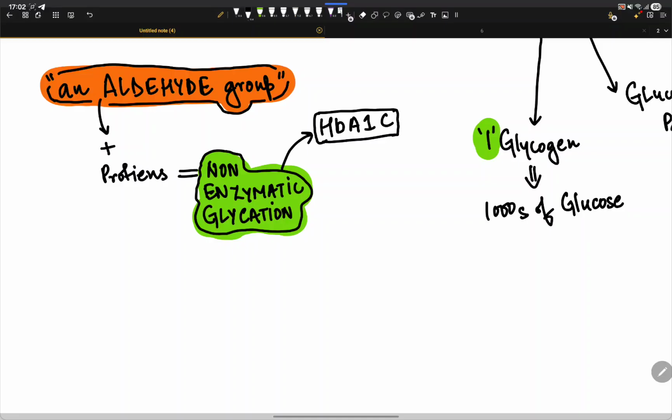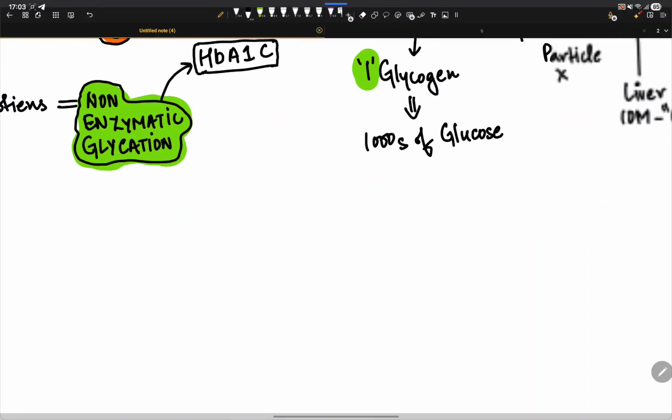Okay, so now imagine you are storing this huge amount of free glucose inside a cell, right? What would happen? You would have these unwanted non-enzymatic glycations, right? What would happen later on is that you will have protein dysfunction and then cell damage and just messed up things, right?